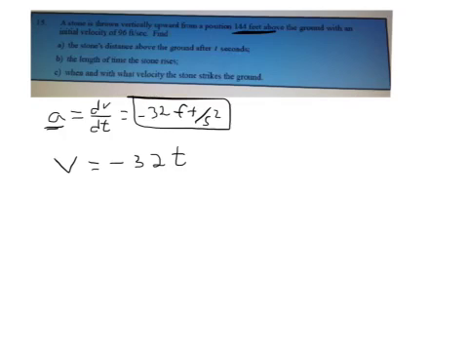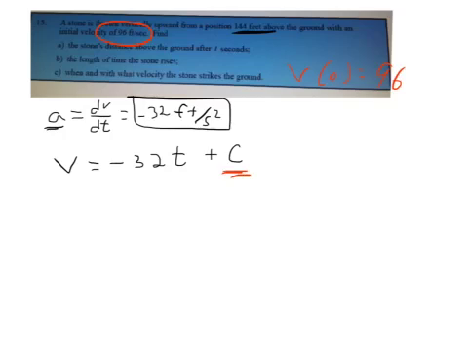And we're using t, not x, because t is the variable. But then it's plus some constant, because remember, when you take the antiderivative, you always add a constant. Well, we can find out what this constant is because we know that initially the velocity is that. That means that the velocity at time 0 was 96.